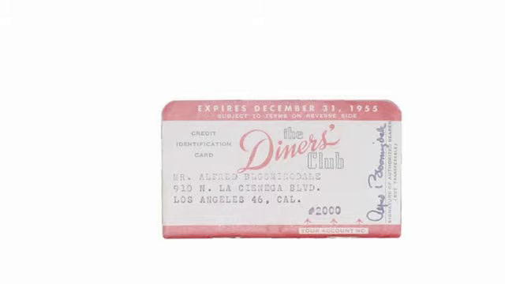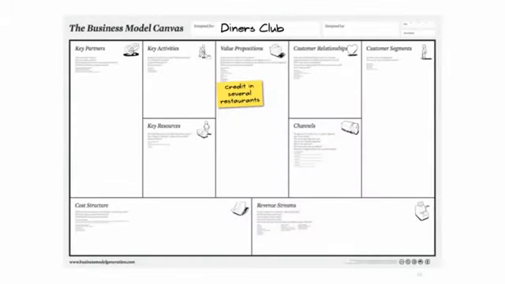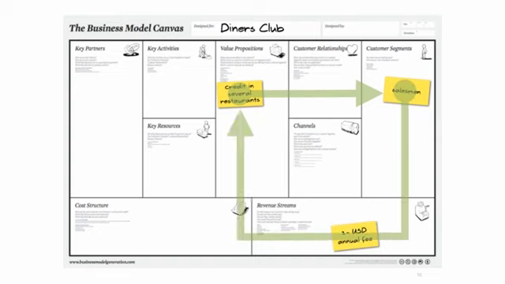It's the Diners Club. How did their business model work? Well, they were offering credit with a card in several restaurants to salesmen, and these salesmen would invite their customers to different restaurants then in New York. And the salesman would pay a $3 annual fee, which obviously today is not very much, but then it used to be worth a little bit more. What did Diners Club have to assure?